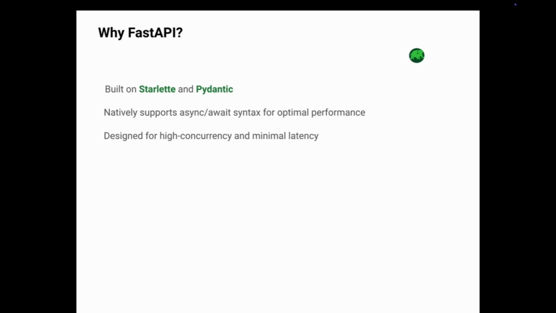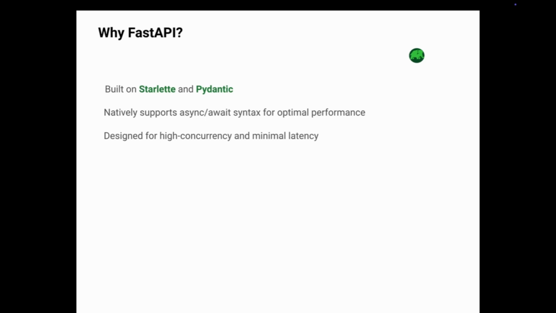FastAPI natively supports async and await syntax. This means you can write asynchronous code with ease and without any special configuration. You can use async def for your endpoint and await for making async calls like HTTP requests or database queries.